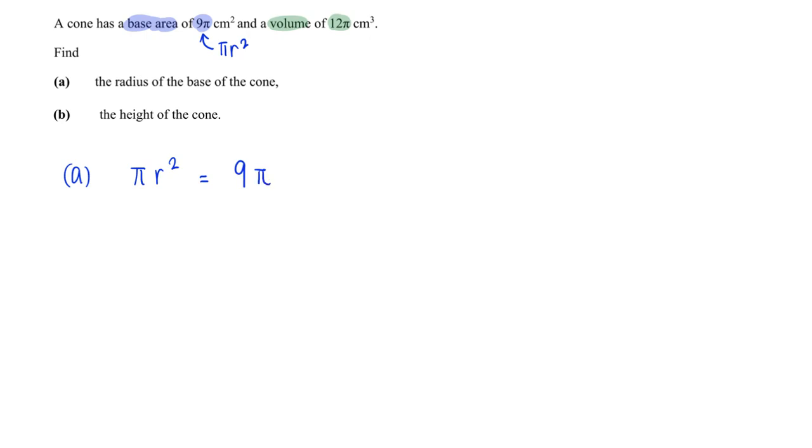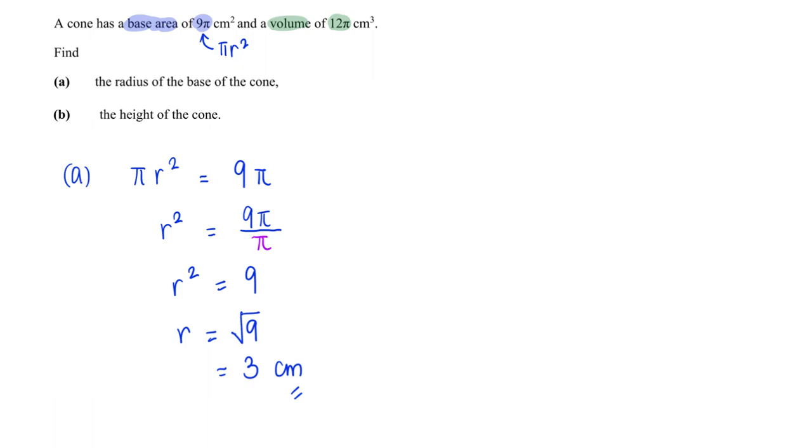And so my r square is equal to 9 pi divided by pi, which is equal to 9. So my radius r will be equal to the square root of 9, the positive one, since we are talking about radius, which is a length, 3 cm.